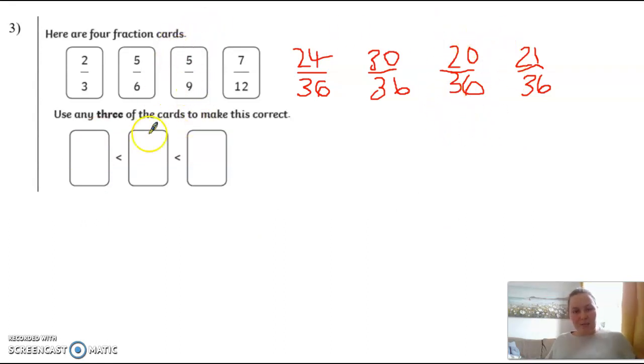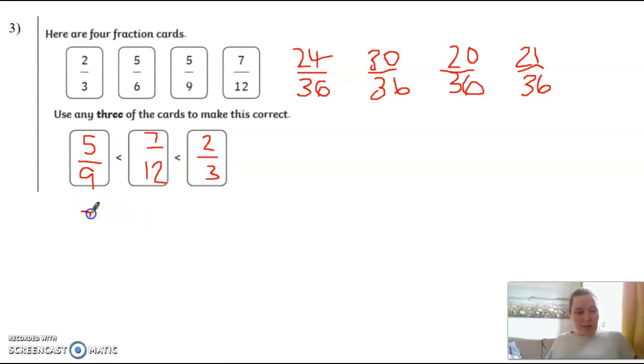So that's that original one. Sorry, I started writing 24 and then confused myself. So 5/9 is less than 7/12 is less than 2/3. Okay, there's different answers here.